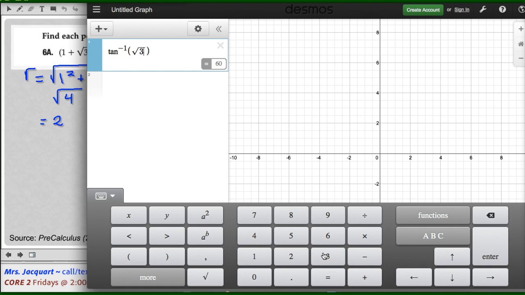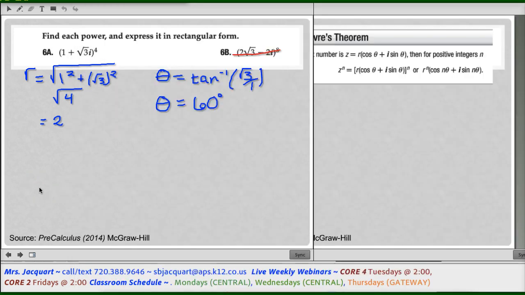So theta equals 60 degrees. And we'll leave it there. Okay, so now I have my z, let's write z, z equals 2 cosine 60 plus i sine 60.